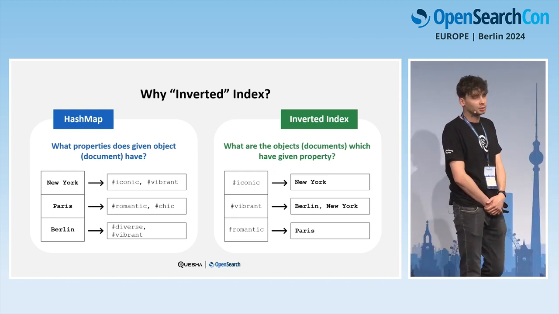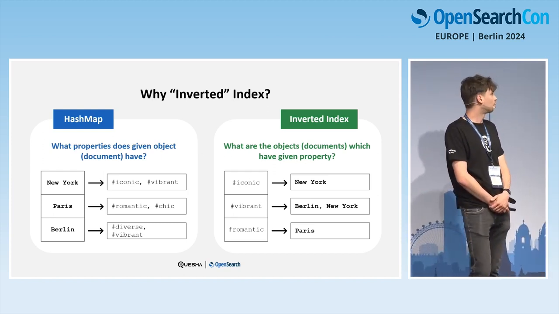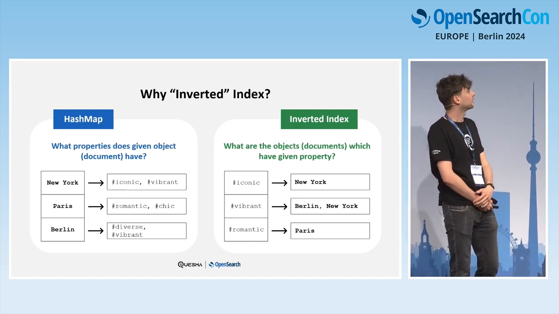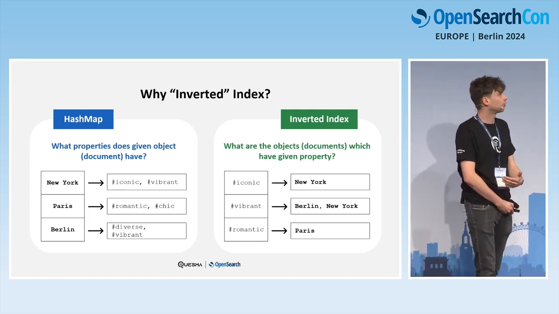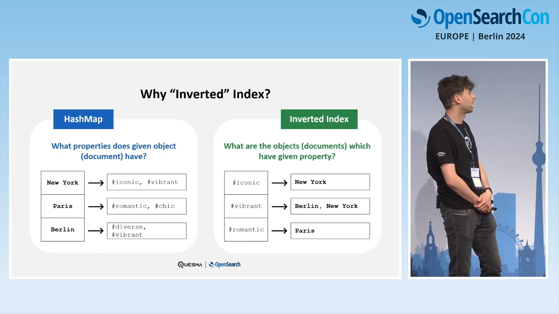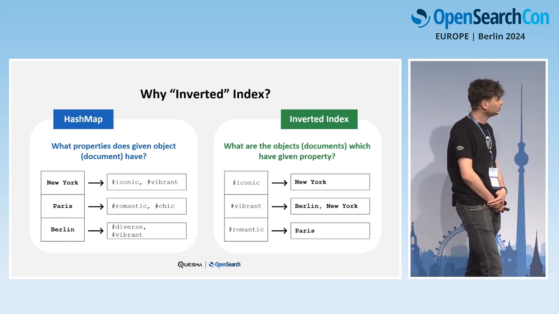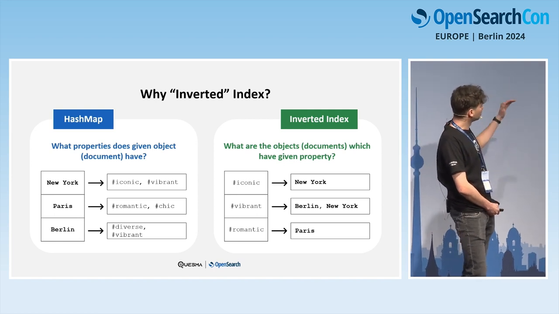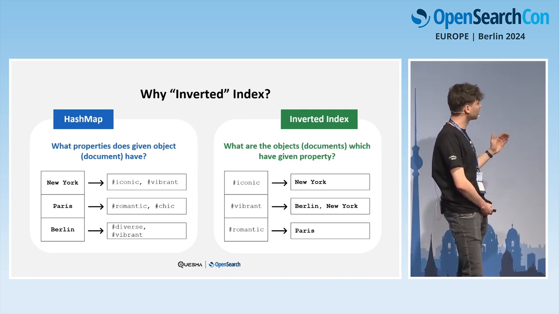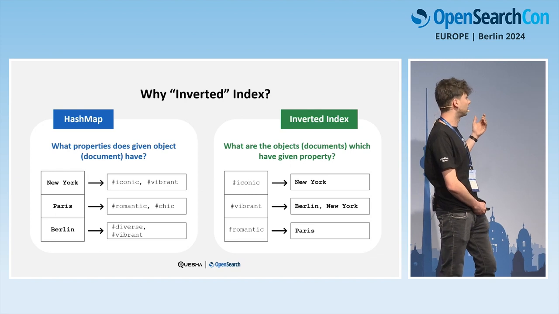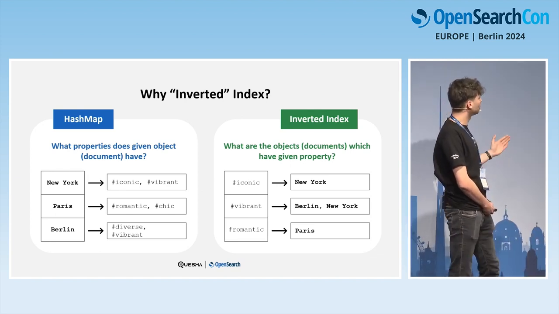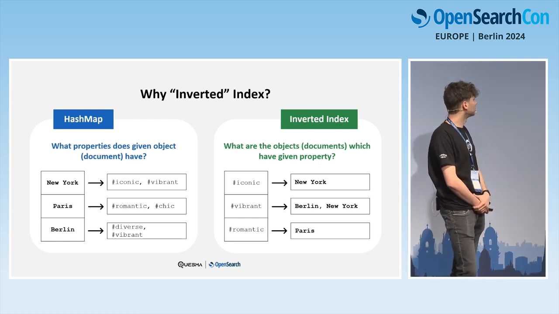Let me explain why it's actually called inverted. In typical forward indexing scenarios, you can think of any key value store or a hash map. In this example, we have a set of cities which we can very quickly access, like any list or array, and the cities are linked to some of their properties.